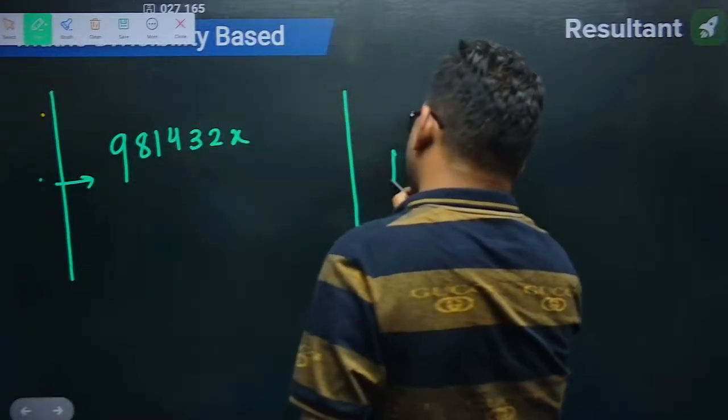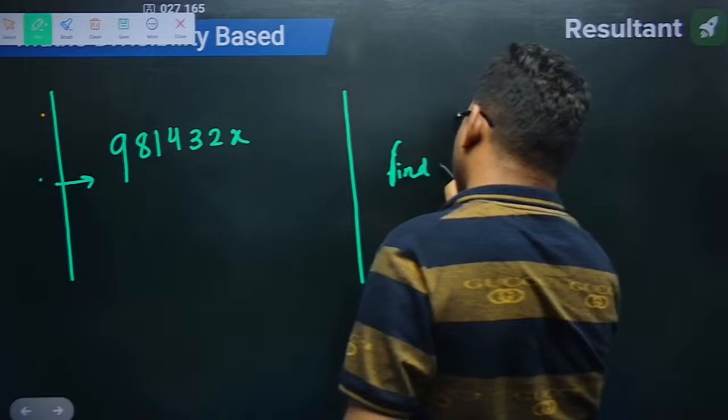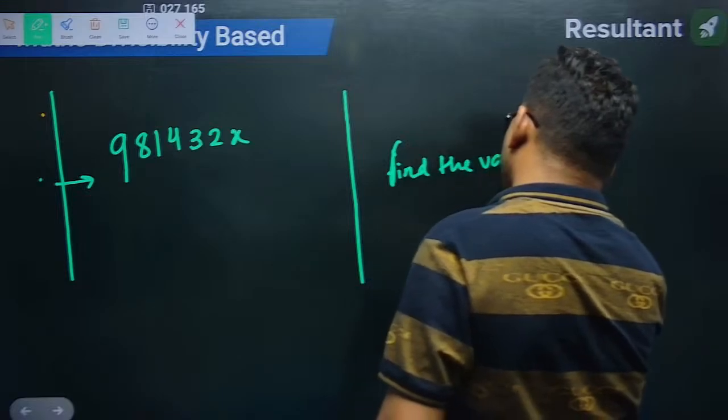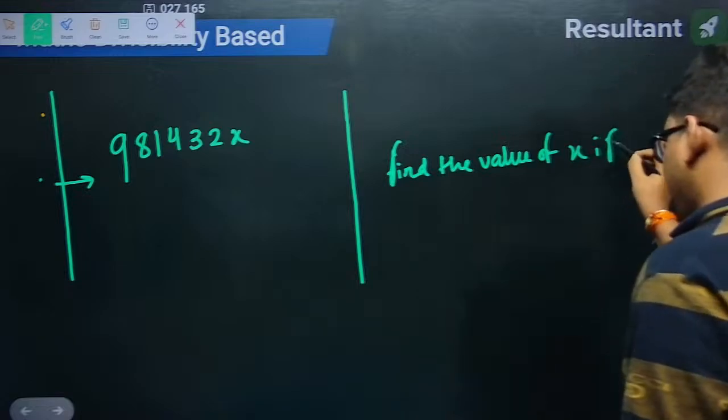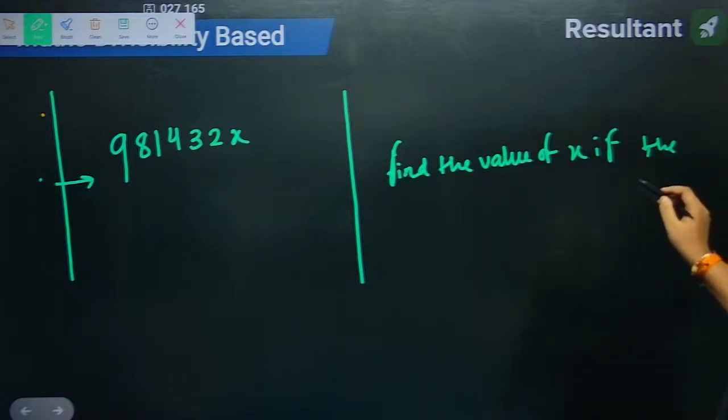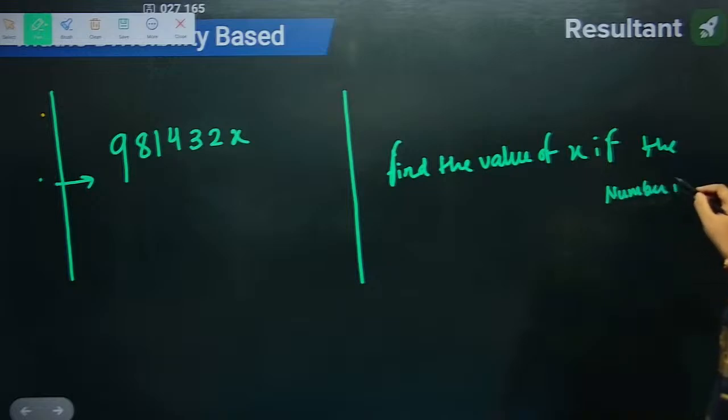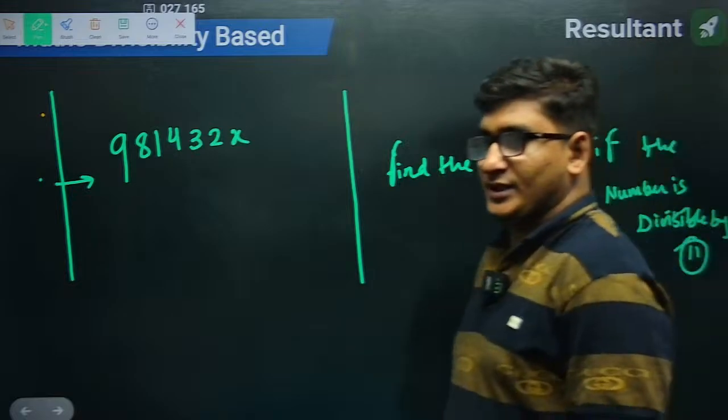Find the value of x if the number is divisible by 11.